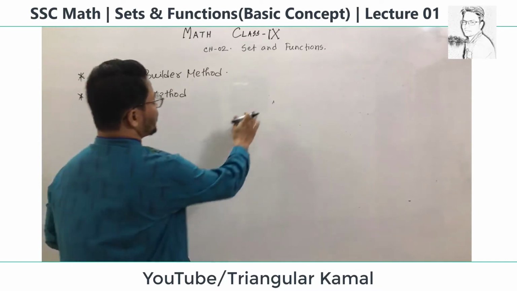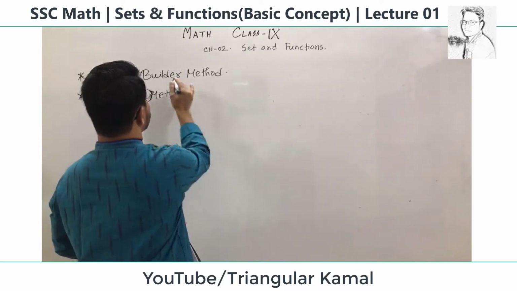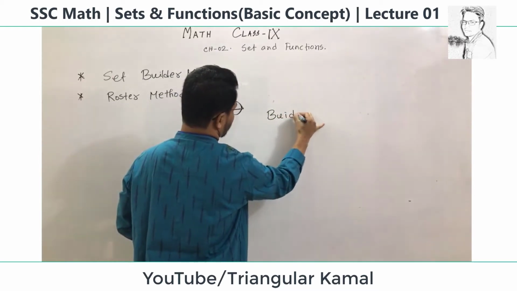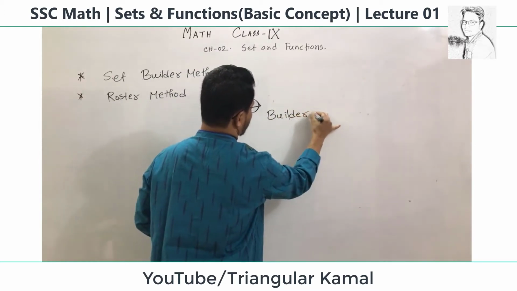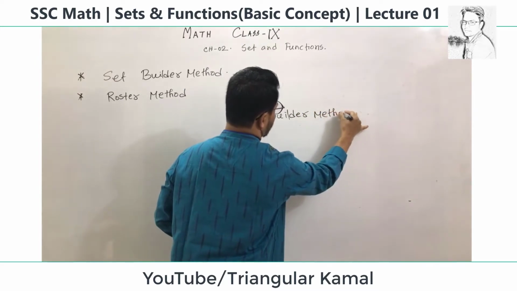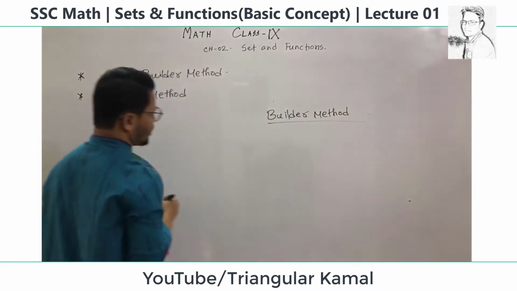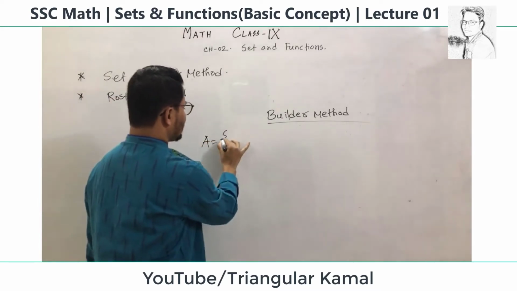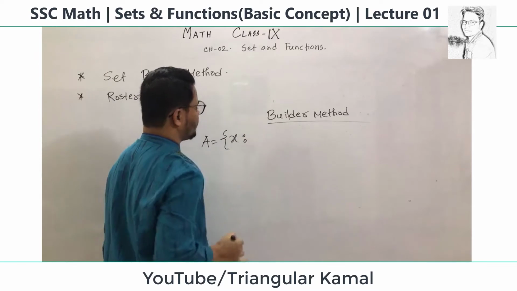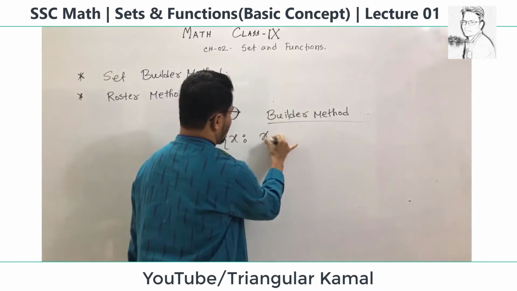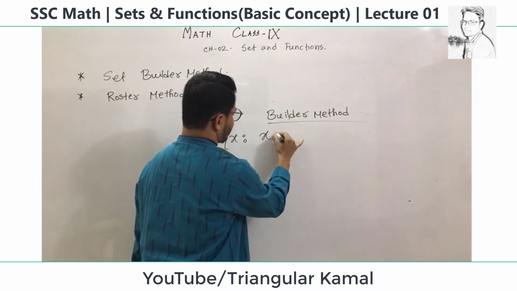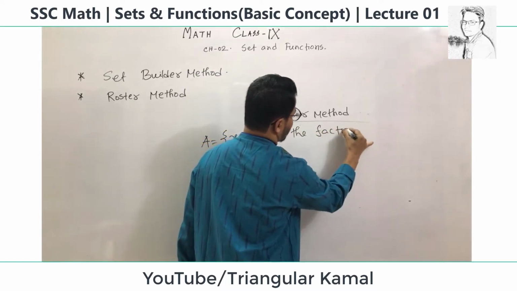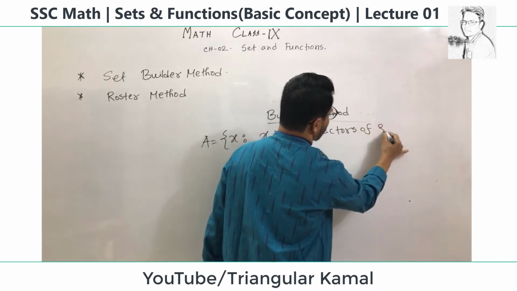Like if we give an example here, in the set builder method, A is a set whose elements are x, and x's information is given: x is a factor of 8.